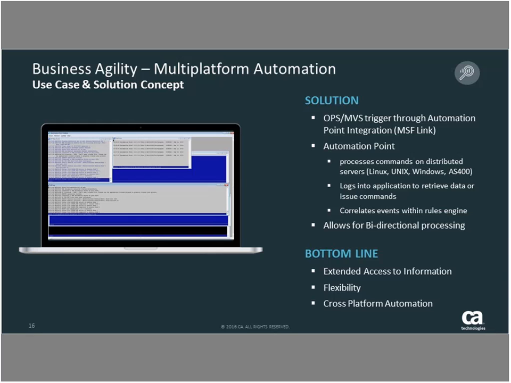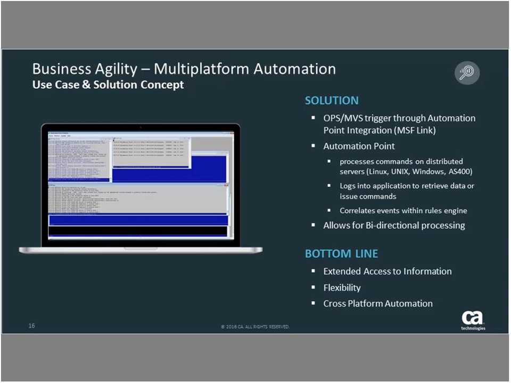So this is really limited by what you guys need in your businesses, because AP can log into just about any application out there and issue commands, receive data. So it's really limited by what requirements you have for this kind of information going back and forth to the mainframe.